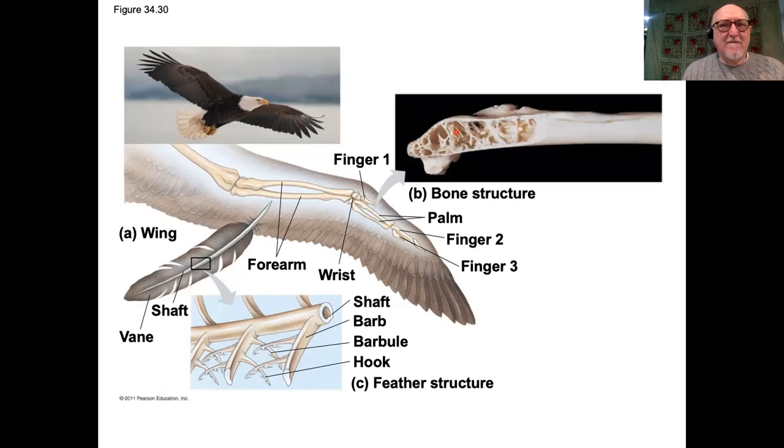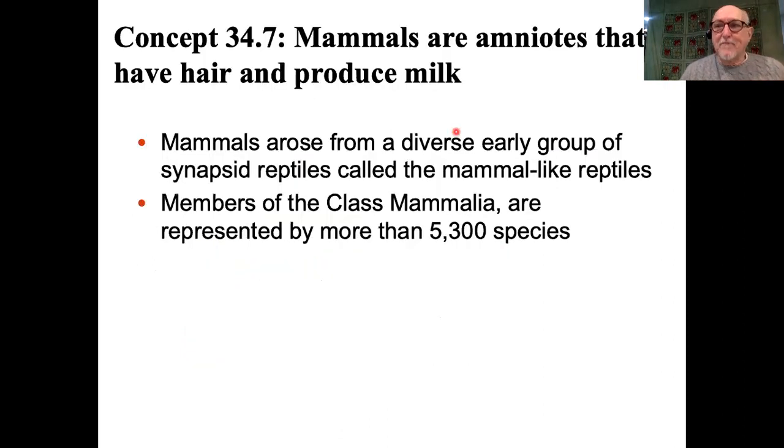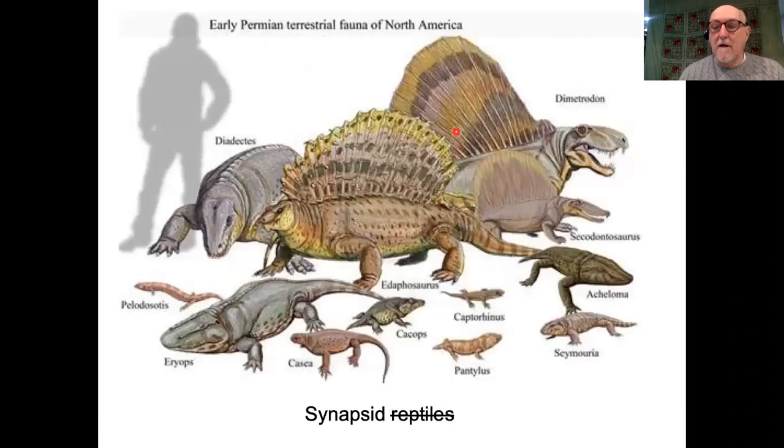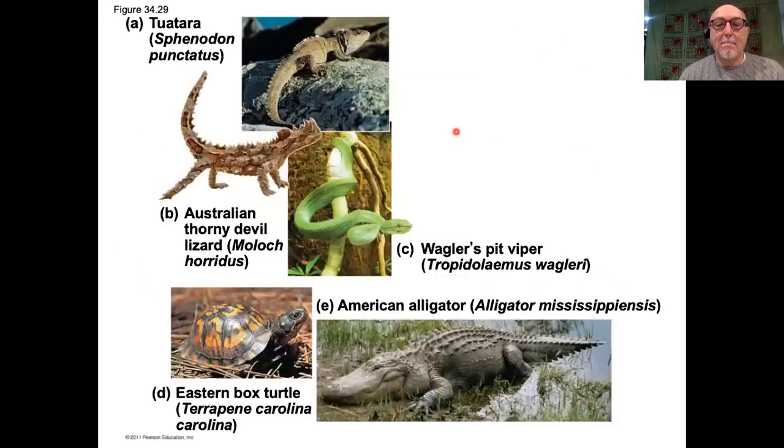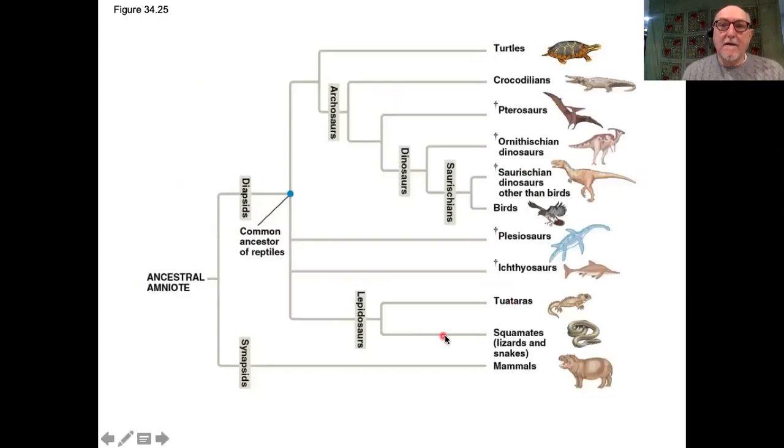Unfortunately, that's all I can tell you about the birds. And I'm going to finish off just by showing you a little bit of what we're going to be talking about in the mammals. I want to just come back here to this phylogeny.